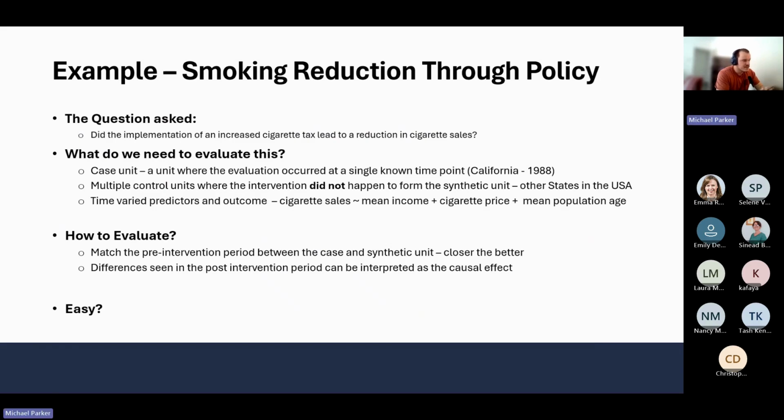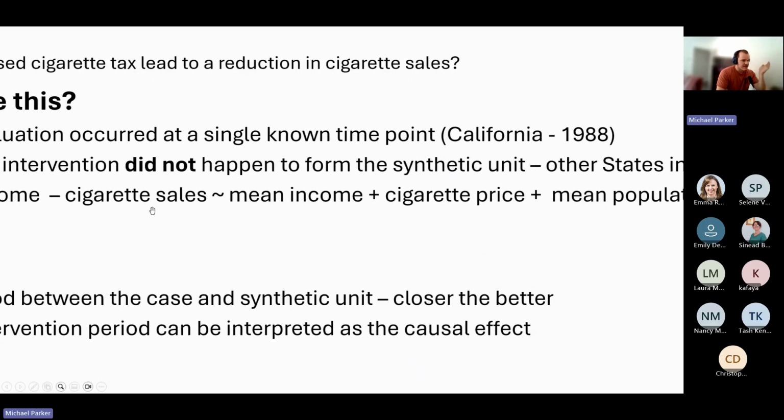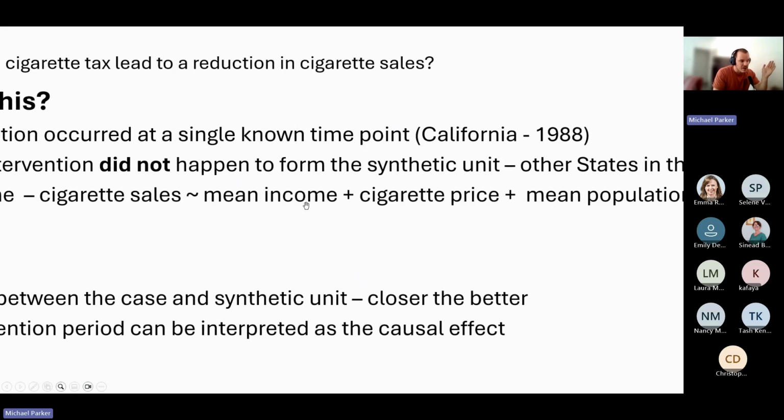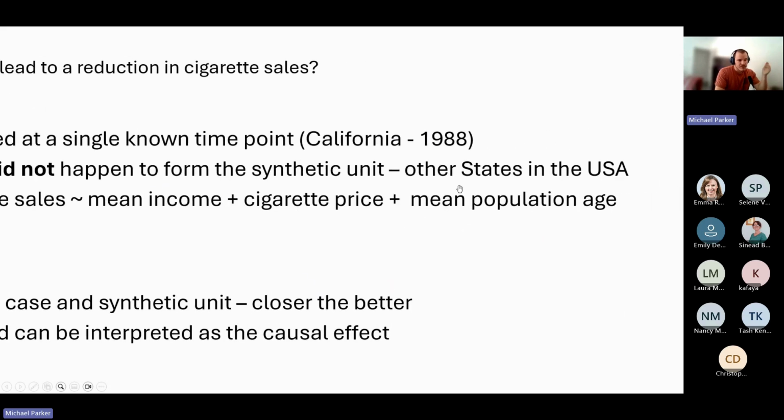And then we need a series of time-varying predictors and our outcome. As you can see here, there is a bit of a model where cigarette sales is our outcome, and we can predict that with, say, mean income for each state in each year, cigarette prices, and mean population age.